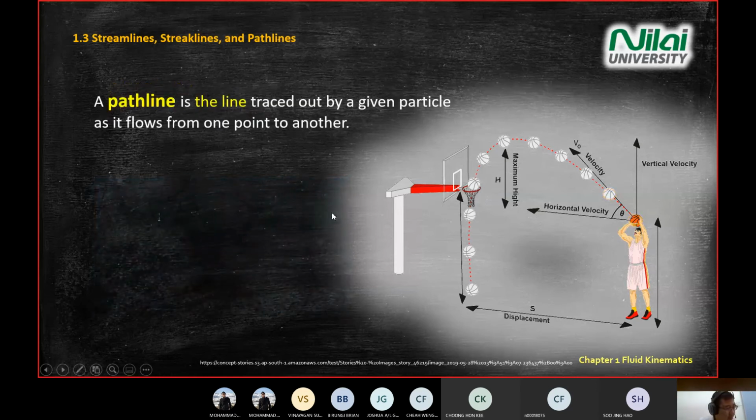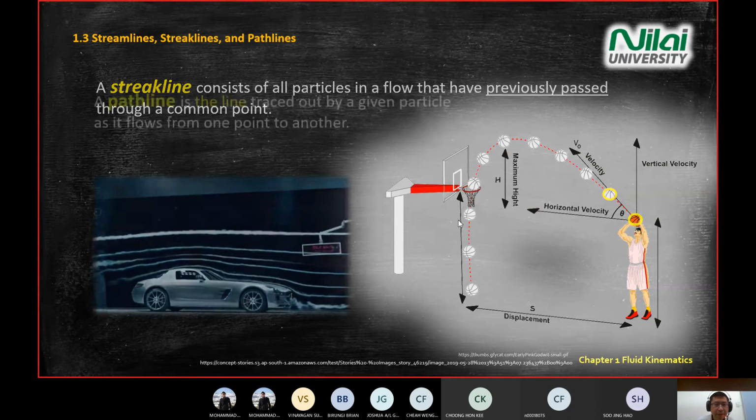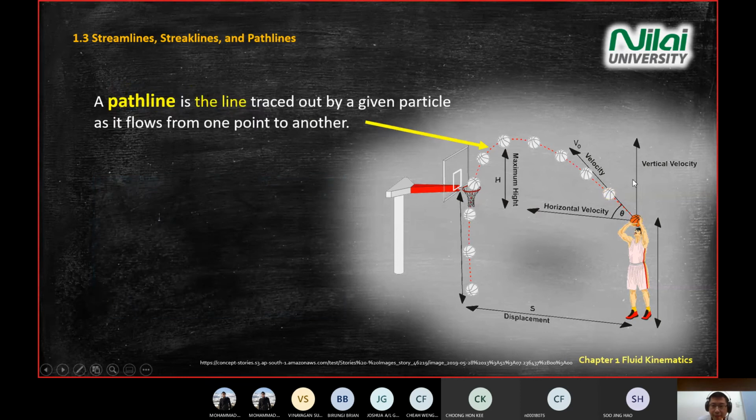All right, the third category of line, we call it pathline. A pathline is a line traced out by a given particle as it flows from one point to another. Now, streakline is what I circle. Again, I repeat, streakline is what I highlight in the gray color. All these are streaklines. Pathline is the red dot there.